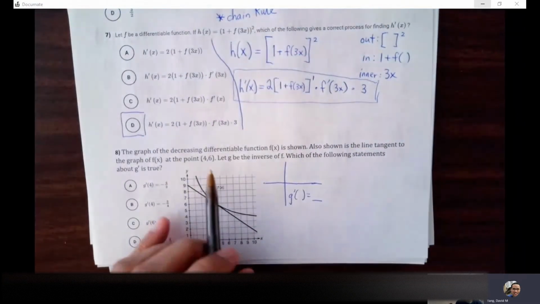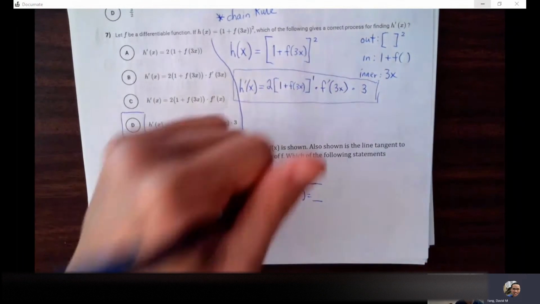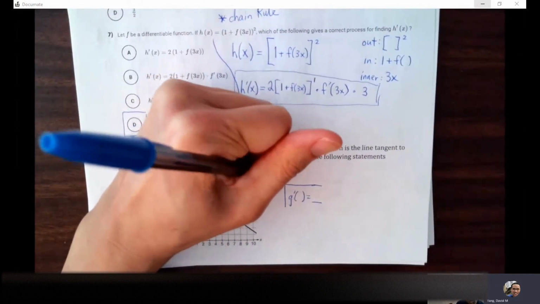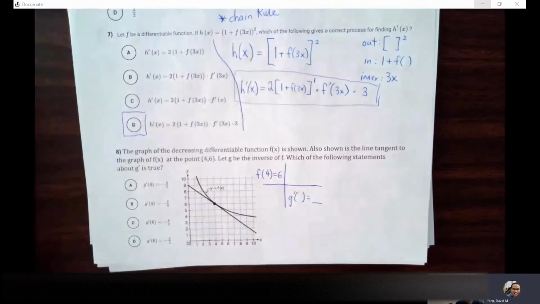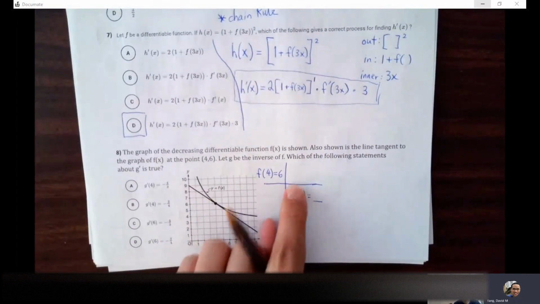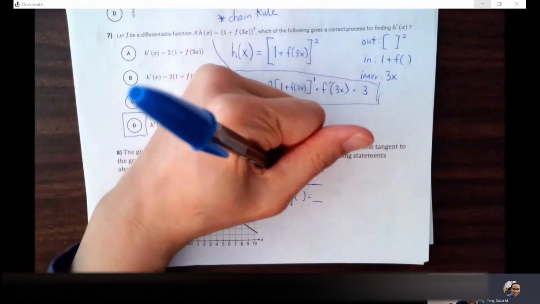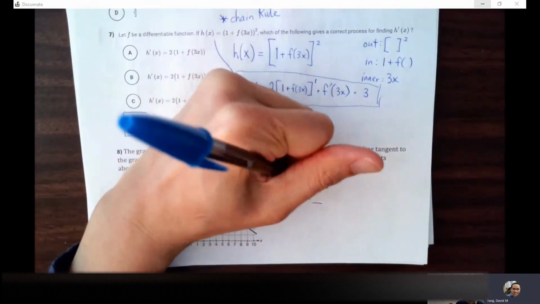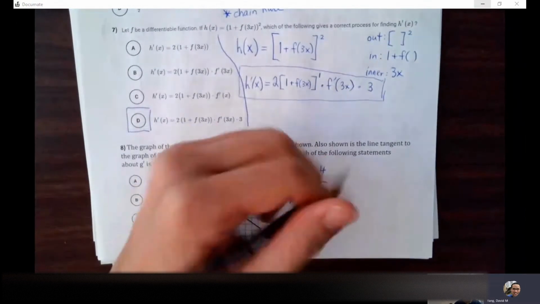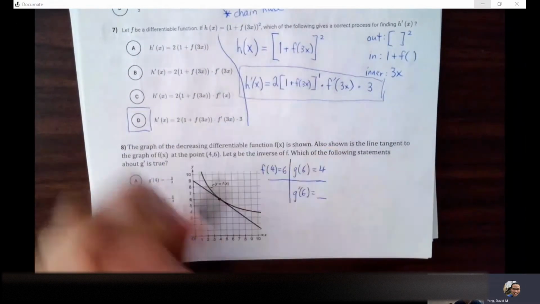But I know that f of x has an ordered pair of (4, 6). And I know that ordered pairs between my f and g are always going to be flipped. So if my ordered pair for my function is (4, 6), I know that for my g function, it must be (6, 4), right? That's just the relationship between a function and its inverse. So ultimately, we're trying to find g prime of 6.